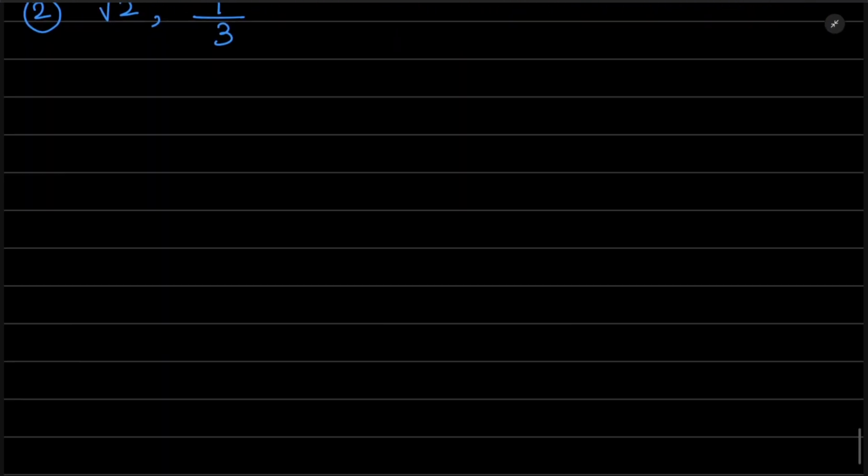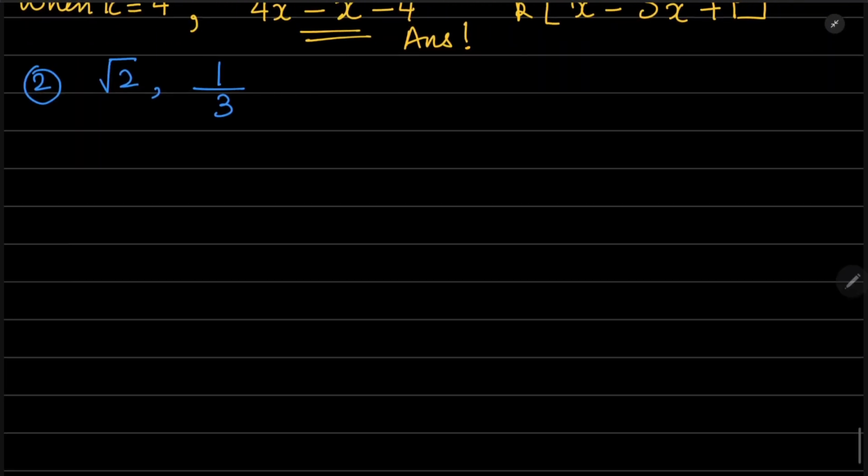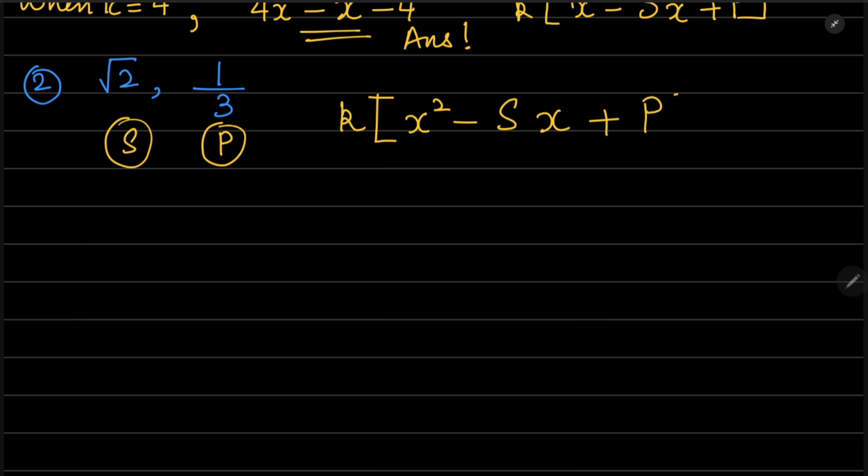It's the same question. You are given two numbers. One is the sum of the zeros, the other one is the product of the zeros. You have to find a quadratic polynomial. So the formula is k multiplied by x square minus sum of the zeros into x plus product of the zeros. So k multiplied by x square minus root 2 x plus product is 1 by 3.